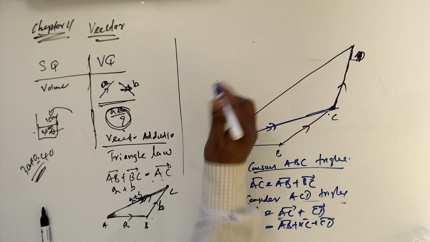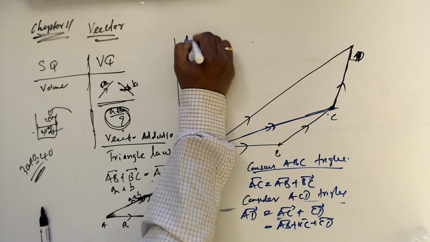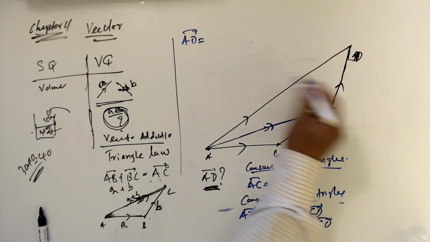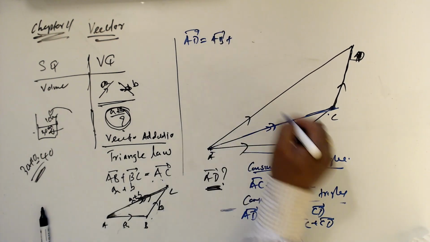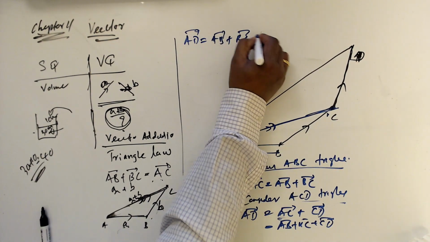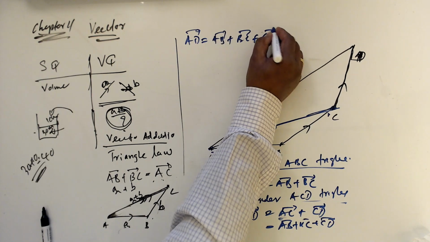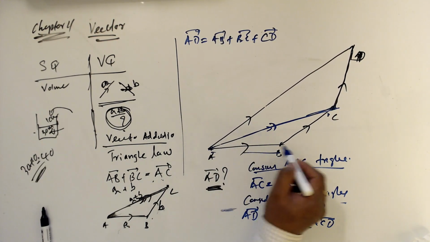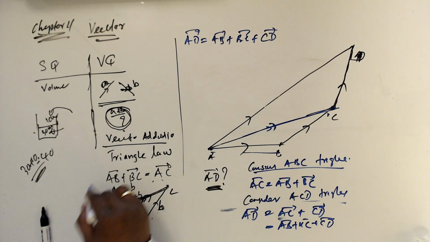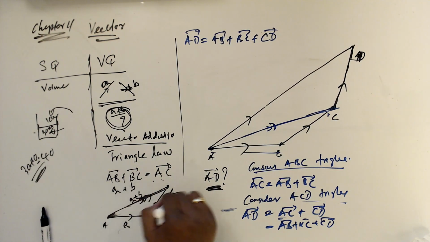What is the summary of this one? What does AD mean? AD means AB plus BC plus CD. So you can simply write it, but this is the proof. When you give a proof, you want to consider that addition can only happen through triangle law.